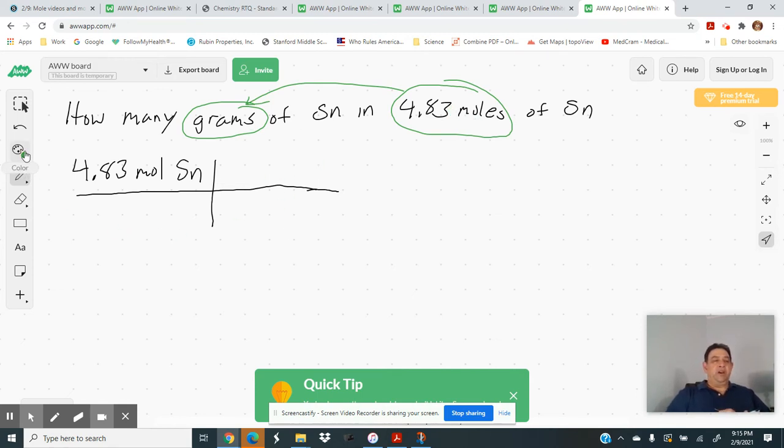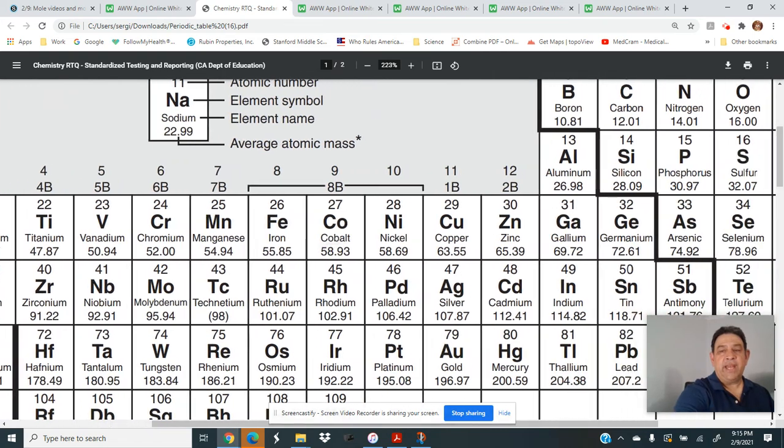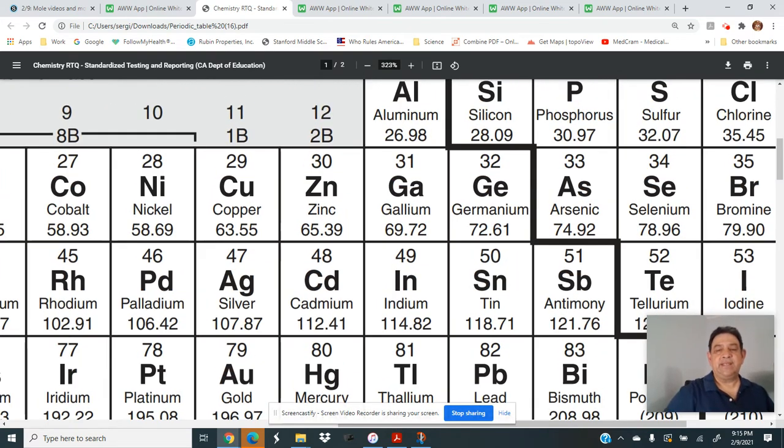So once again, we need to go to the periodic table and find tin. In the interest of time, I'll show you where it's at. Tin's down there in the bottom right, and tin has an atomic mass of 118.71. That means that 1 mole of tin has a mass of 118.71 grams.